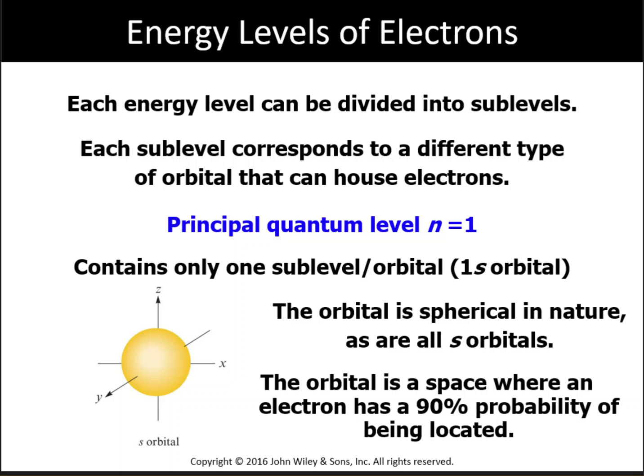So per each orbital, you can have a maximum of 2 electrons.